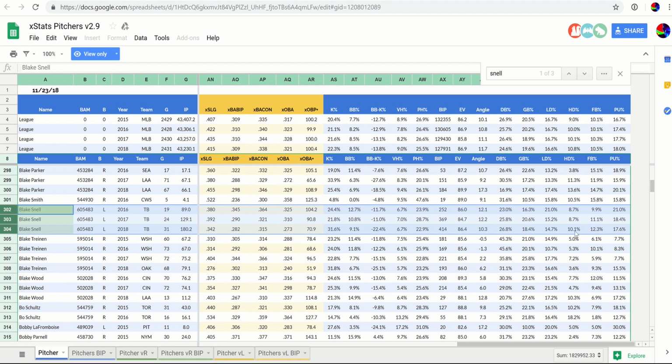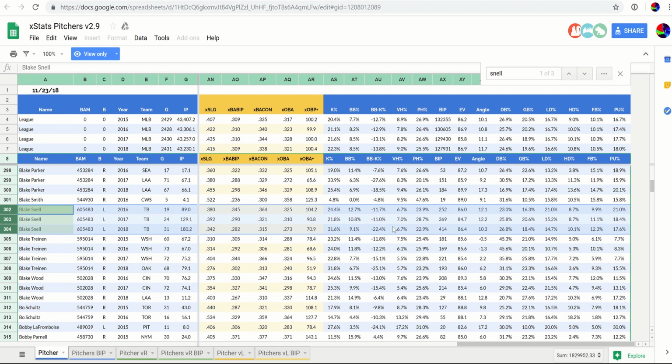Hard drives actually increased by 1.4%. So that's really interesting to see. Line drives down. Again, not high year-to-year correlation, but important to note, those are high BABIP line drives. Ground balls down 2%. Again, not high year-to-year correlation, but they went down, so that limits the BABIP a little bit. And the dribbler percentage went up about 1%.